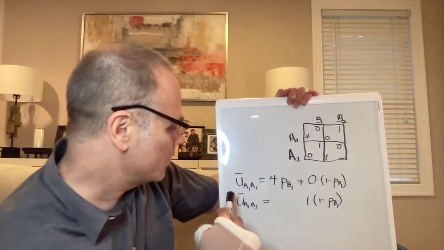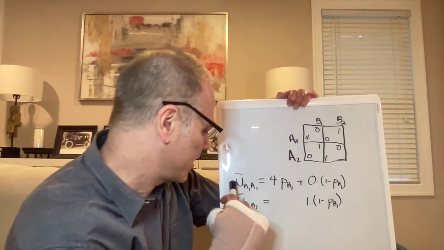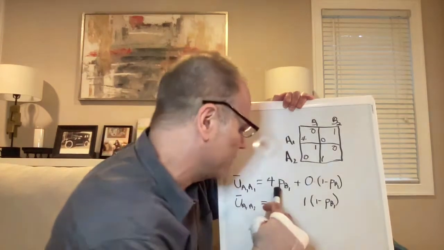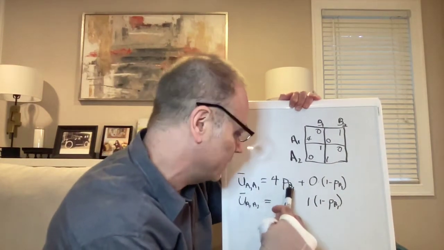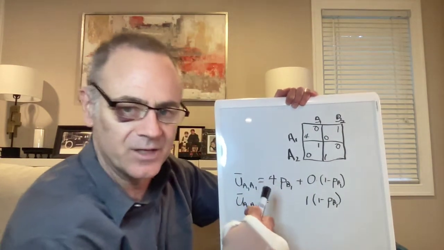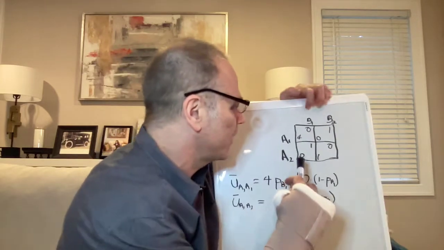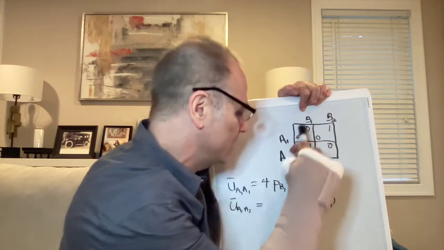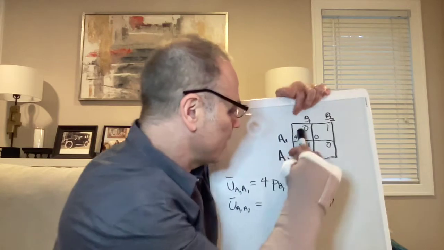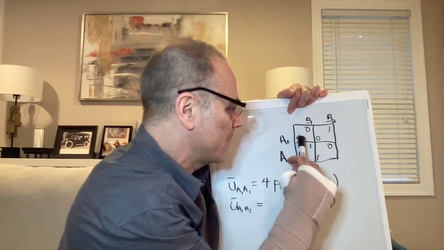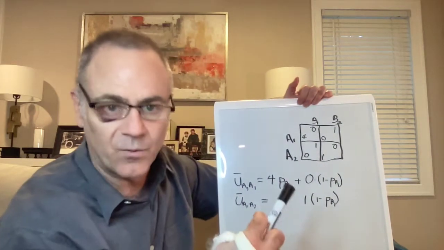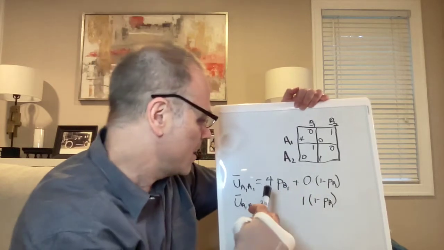For player A, he's thinking, the equilibrium god said PB1, whatever the value is. If player B plays B1, A gets a payoff of 4, say it's $4 in this experiment.